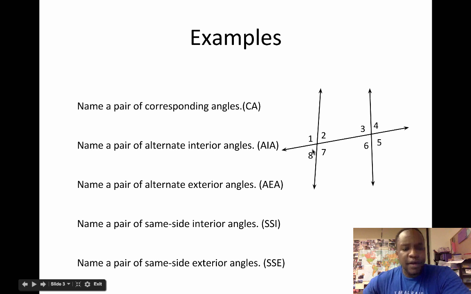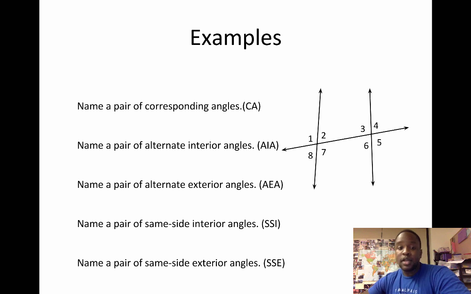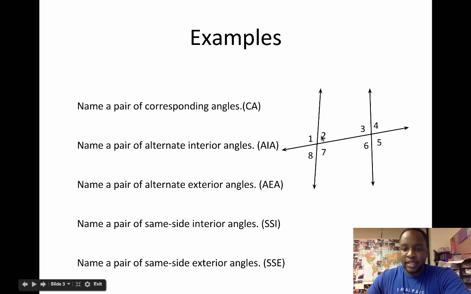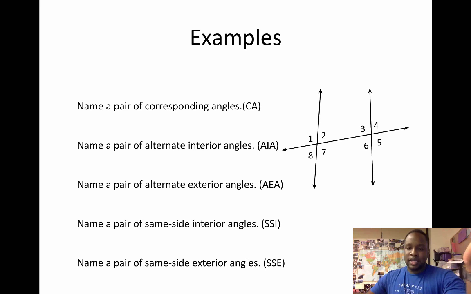Next is name a pair of alternate interior angles. Alternate means opposite, interior means inside. So opposite sides of the transversal and inside the two lines. That would be 2 and 6 or 7 and 3. Alternate exterior angles, so opposite and outside: 1 and 5, and 8 and 4.